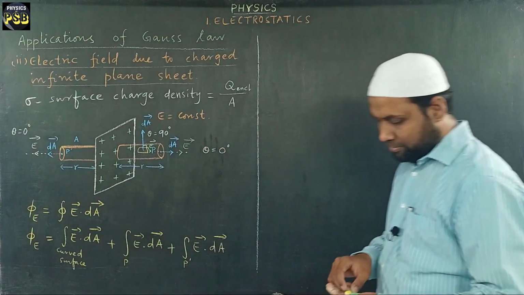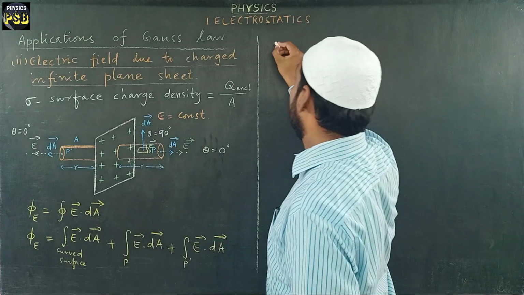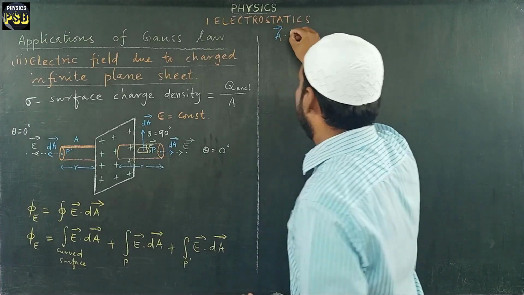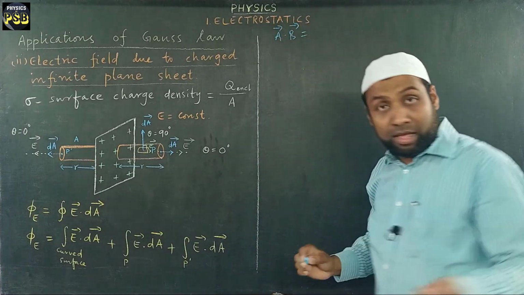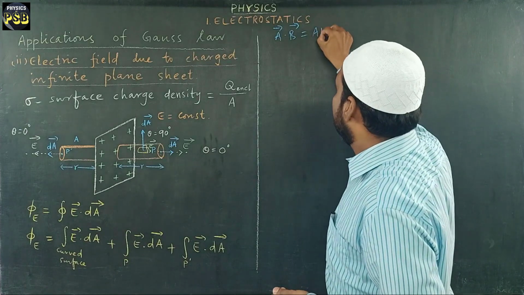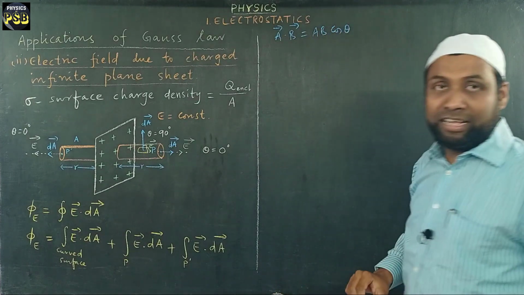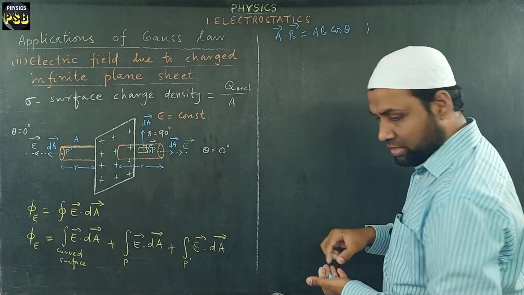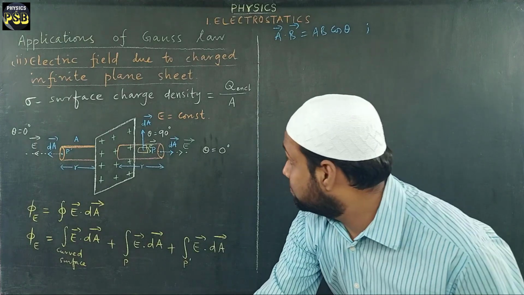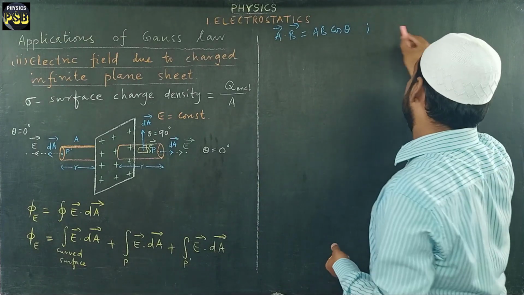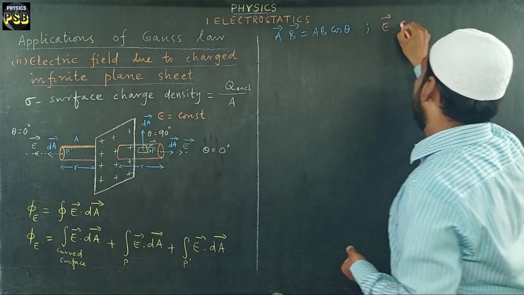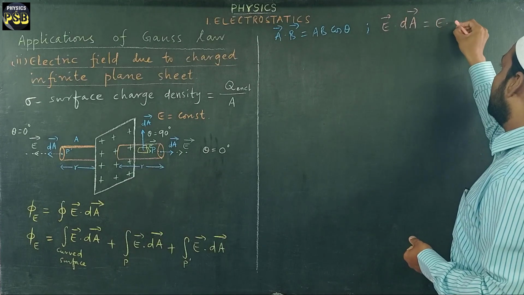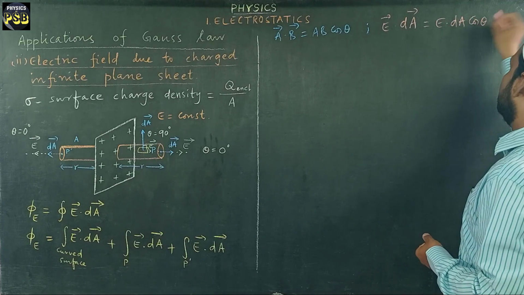Now we know this. What do we know? We know that A vector dot B vector can be written as AB cos theta. So by following that method, I can write E vector dot dA vector as E dA cos theta.